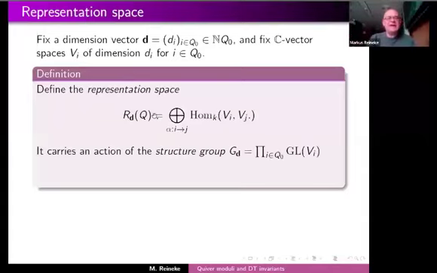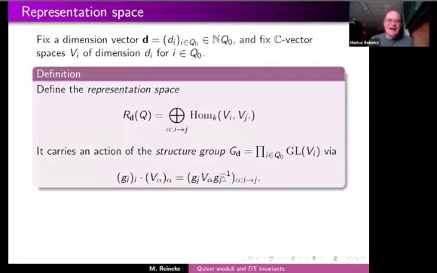Okay, and on this space, we have a very nice action of a group, G_d, which is just the product of all the general linear groups of the vector spaces V_i. And this action is like a graded version of the adjoint action. Look here. If you look at it from a distance without the indices, we are looking at the action g V g inverse, so just the classical adjoint action or conjugation action.